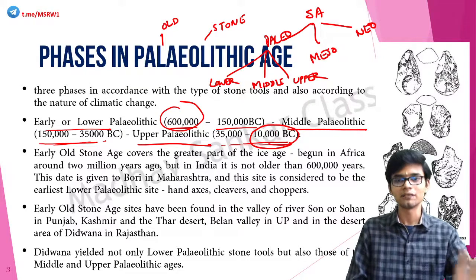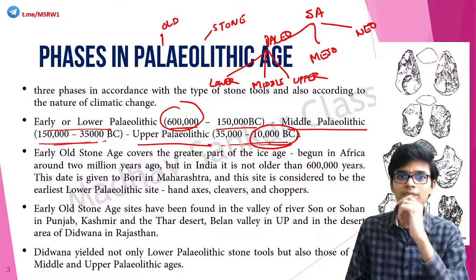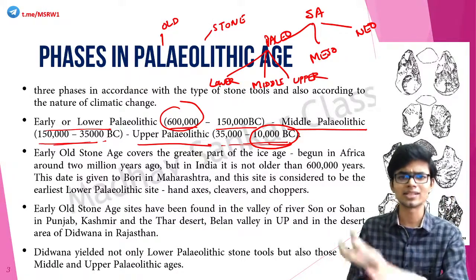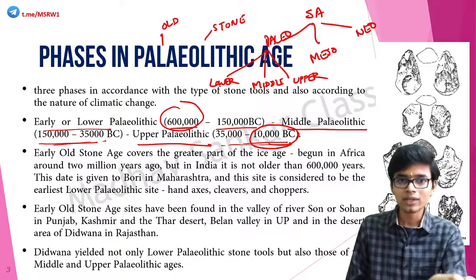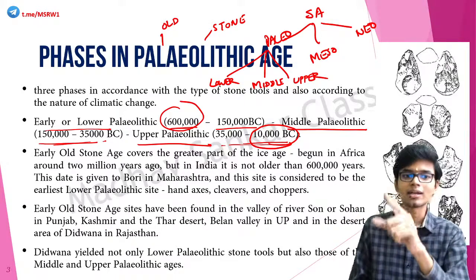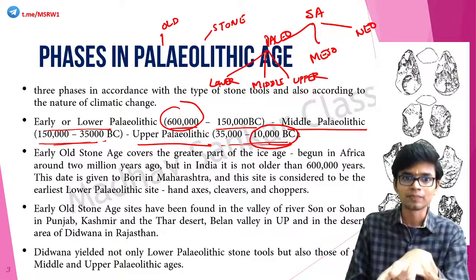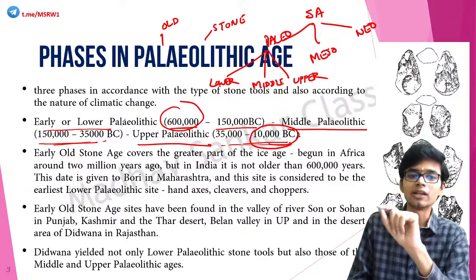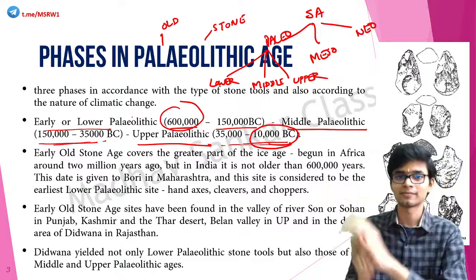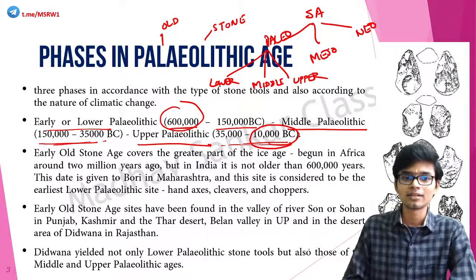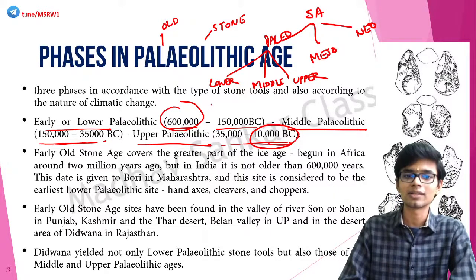Clear? If you look at these years closely, you don't have to study the exact years, just have a rough idea. You will understand that of the three, the early or lower Paleolithic period has been the longest. Correct? 600,000 minus 150,000 is 450,000 years.